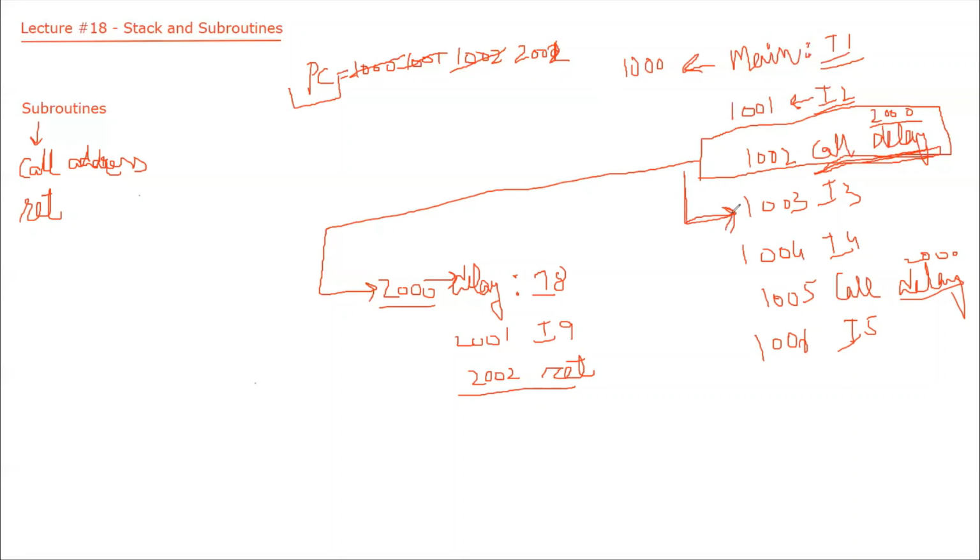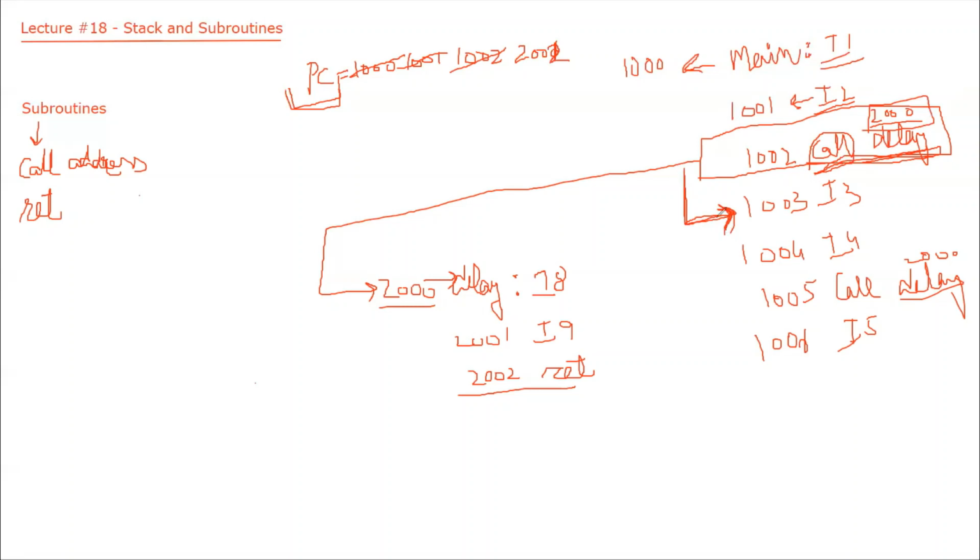This is called a return address, and it must be loaded into program counter. Initially, this call instruction told PC to load 2000. But who will tell the program counter that you have to come back to this location?